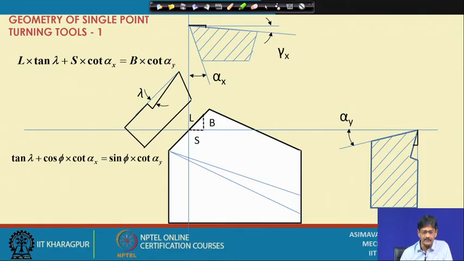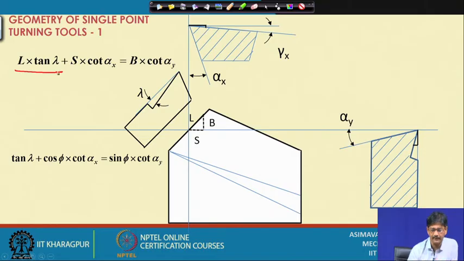We are saying here that if we are moving down along this particular cutting edge by a certain distance, then I am undergoing some vertical distance which is given by L tan lambda. So, we have L tan lambda here.